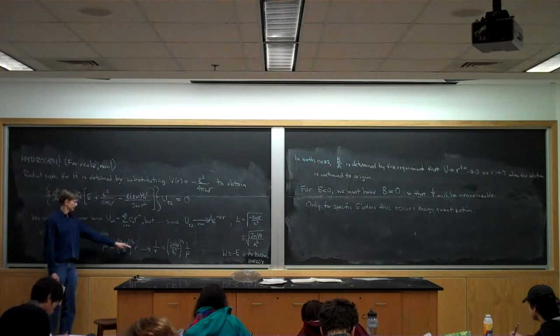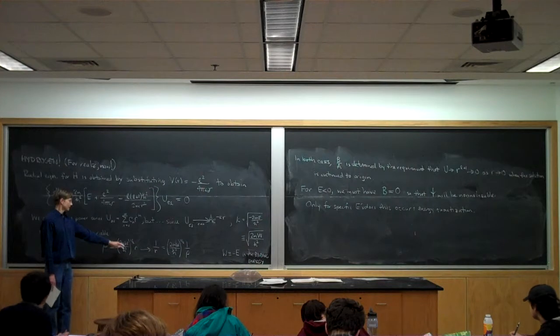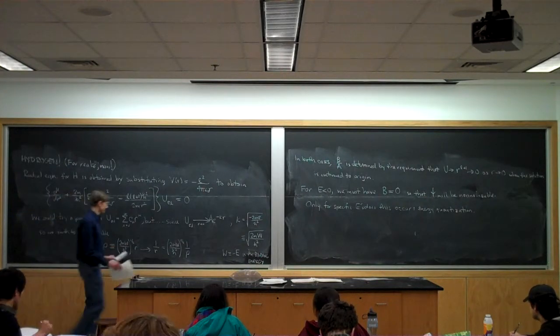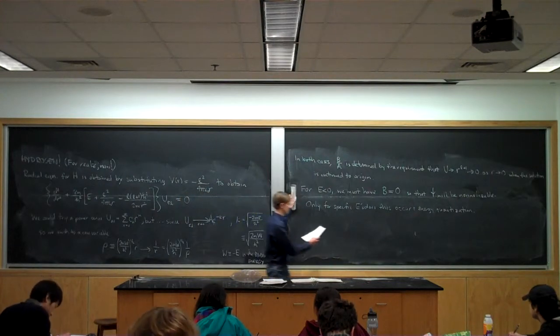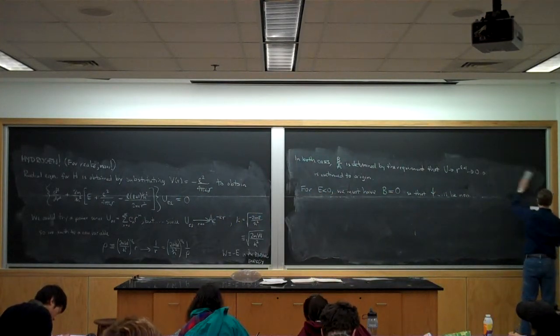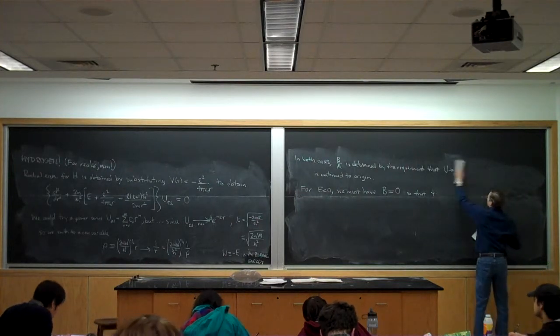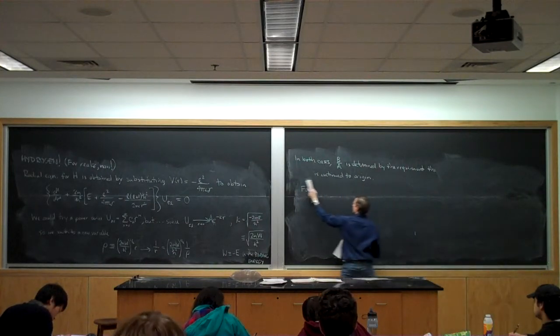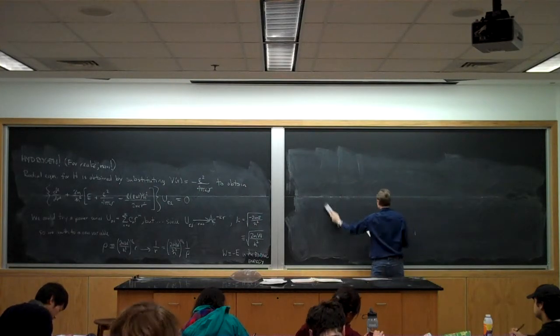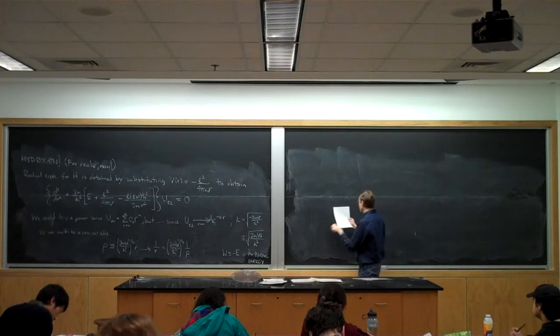If I just take reciprocals and then move the 2mW back to the other side, 1 over r is that times 1 over rho. So we're going to change the variable, and it'll turn out that's convenient. It gets rid of some nasty factors that would otherwise be hanging out to torture us.